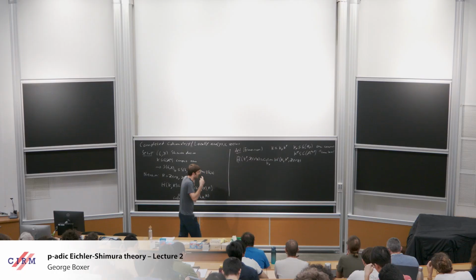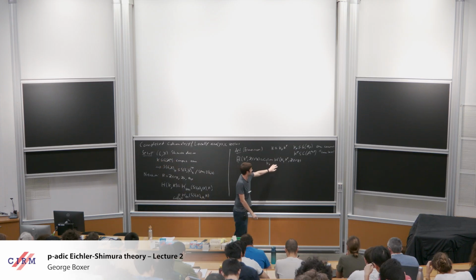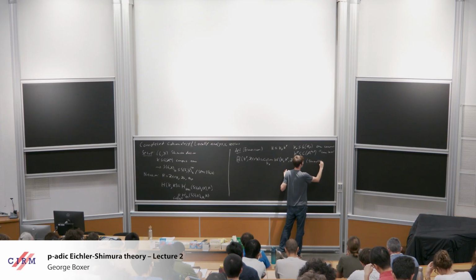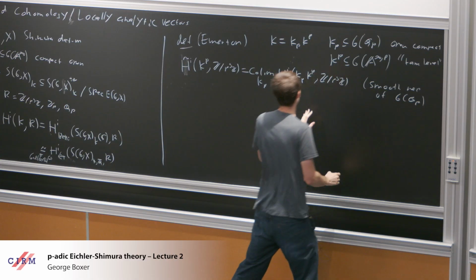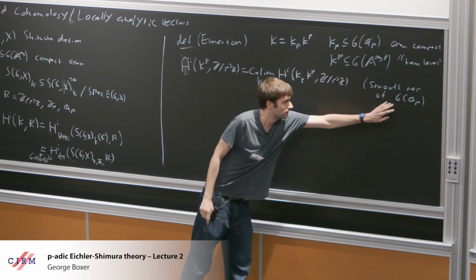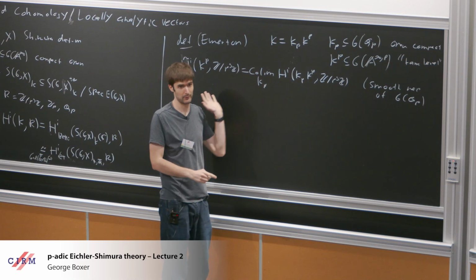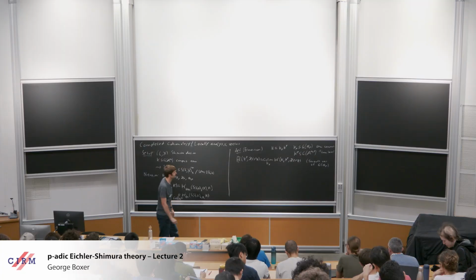And so we call this mod p completed cohomology, but really there's nothing completed about it. This is a smooth representation of G(Q_p), because the action of G(Q_p) will conjugate these subgroups K_p, and then when we take the colimit, we'll get an action of G(Q_p) on it.